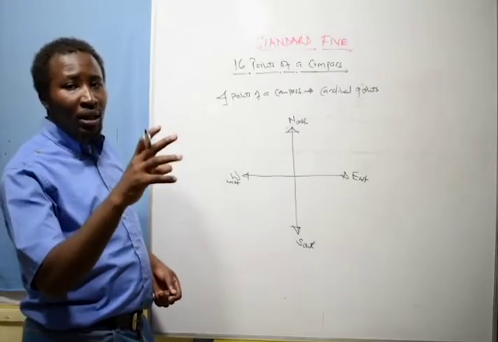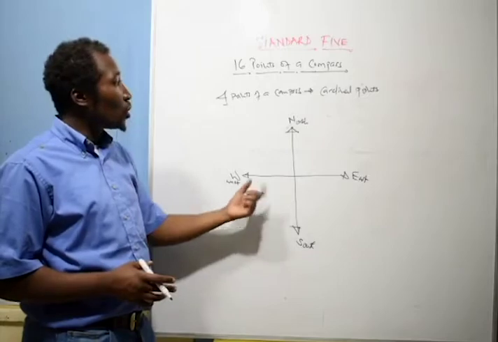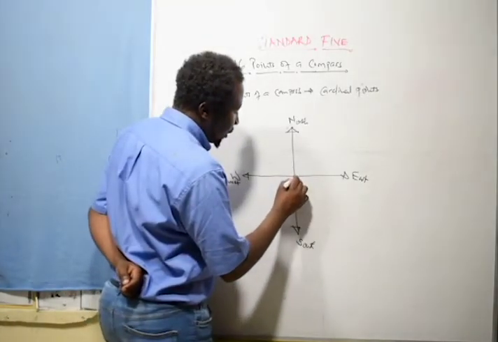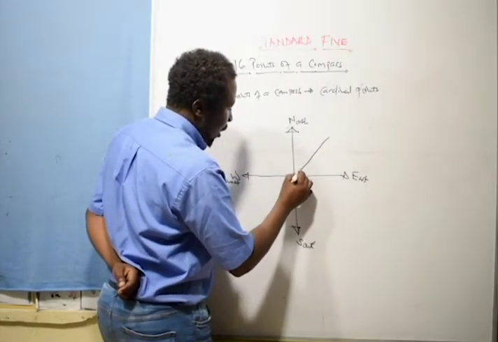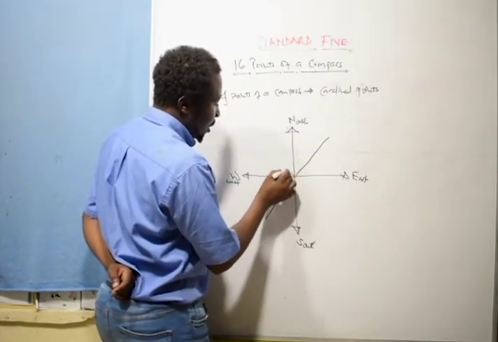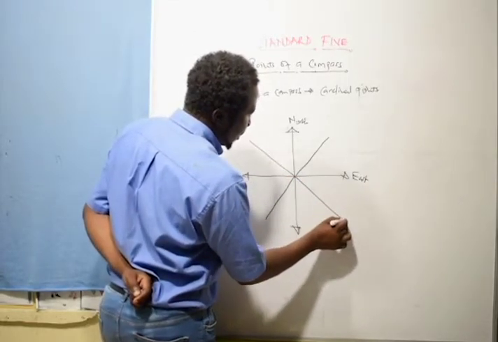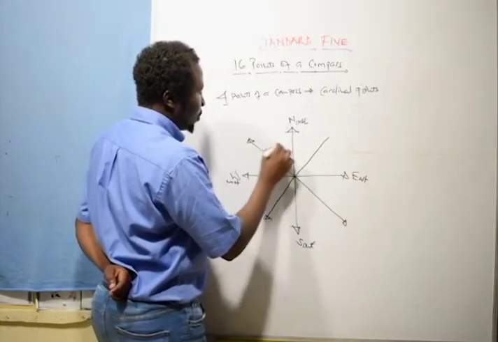Now, also in class 4, we talked about another 4 points, coming to a total of 8 points of a compass. This is where you draw half of this, half of that, half of this point, and half of this point. Now, this brings us to 8 points.